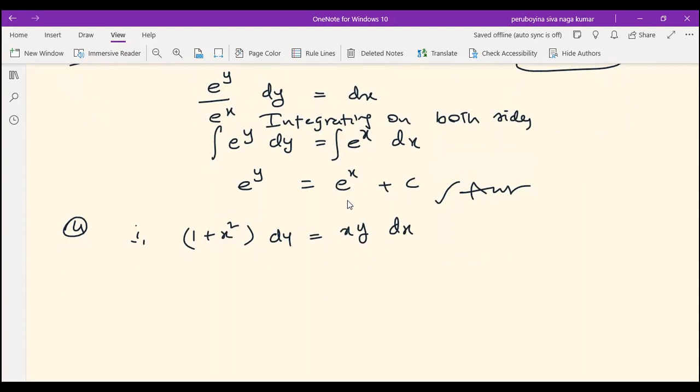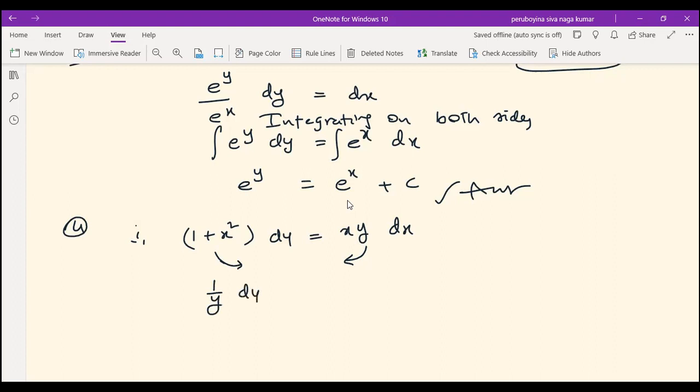We should not do anything here. As a next step, y will be moved to the left side because dy is on the left side. The x is already there along with dx, and we have to move this (1 plus x square) to the right side because it's an x term. Always keep x terms with dx and y terms with dy.